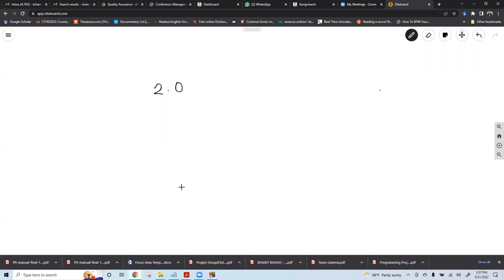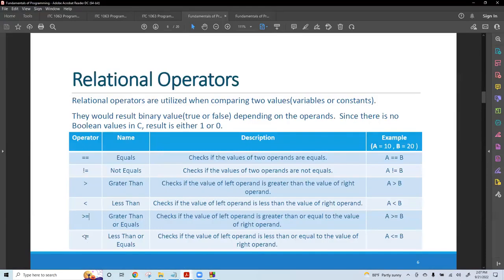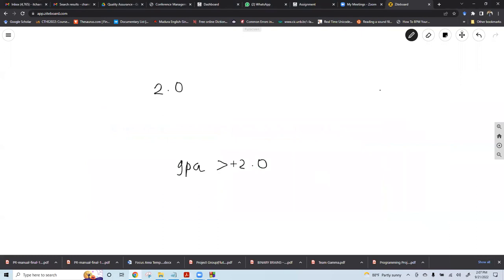That means greater than or equal. So your GPA has to be greater than or equal. Definitely, it has to be greater than 2.0, but you have to add the equality. Greater than or equal.